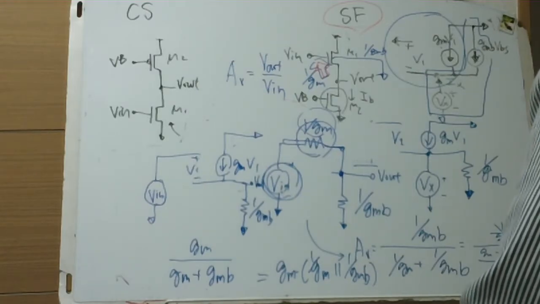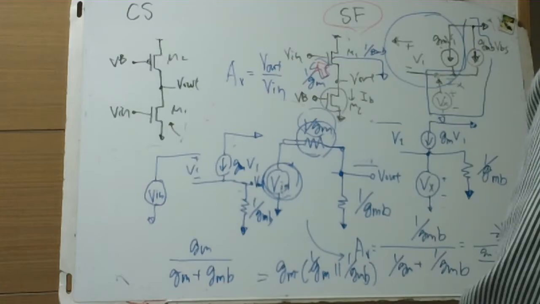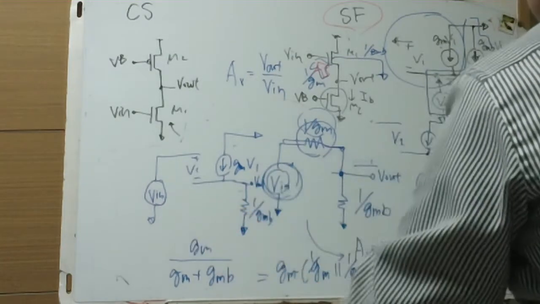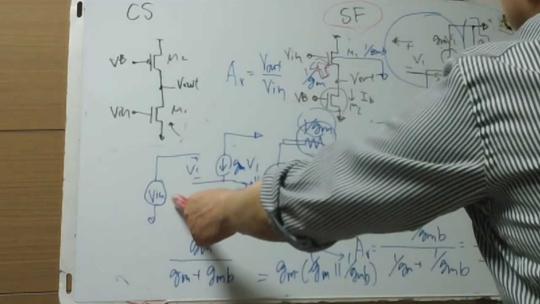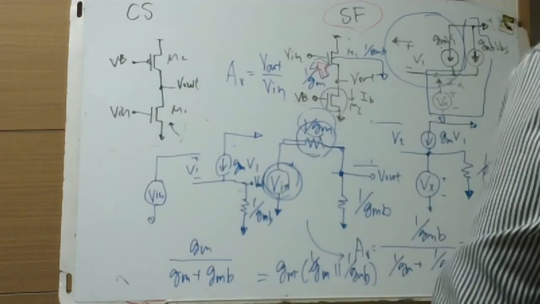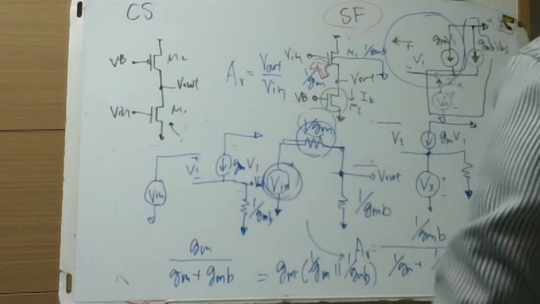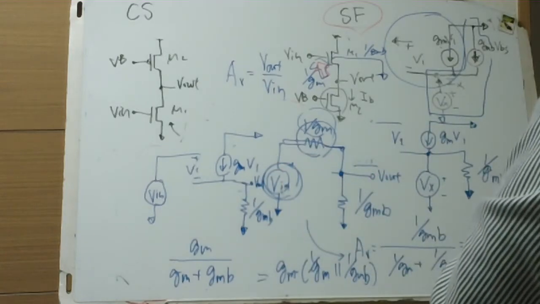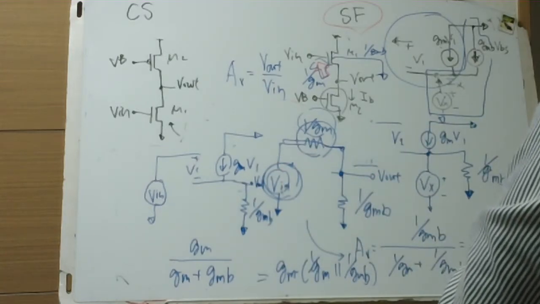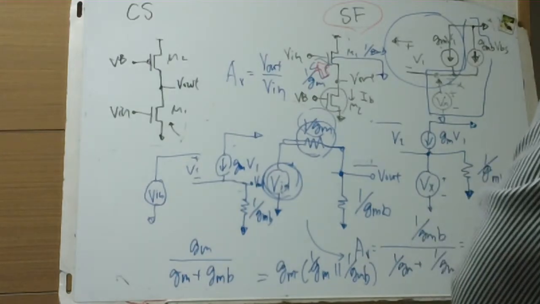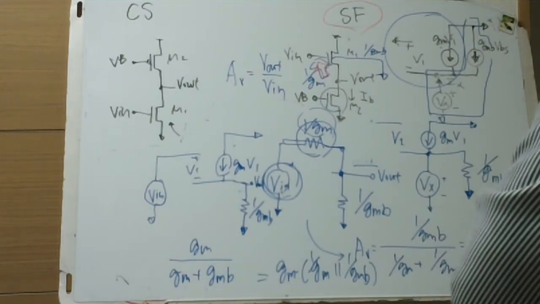Delta V in is the final delta V in, but no delta V1, and this is 0. So we get no voltage gain. Oh, V1 must be moved.